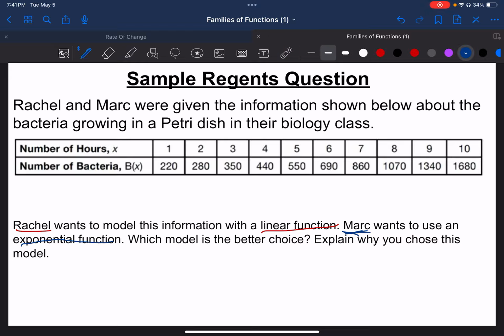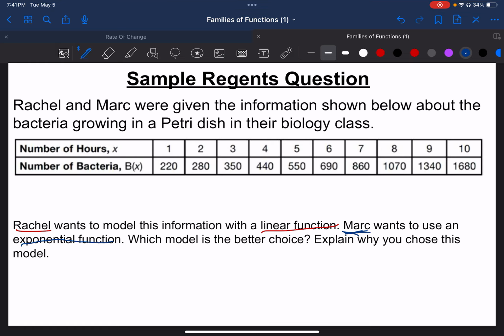So I usually always start from the end and then work backwards, because first let's try if this is a linear. Let's try to find the difference between each step, okay?